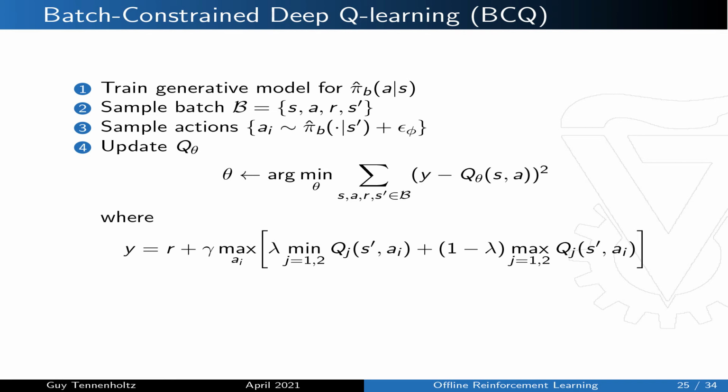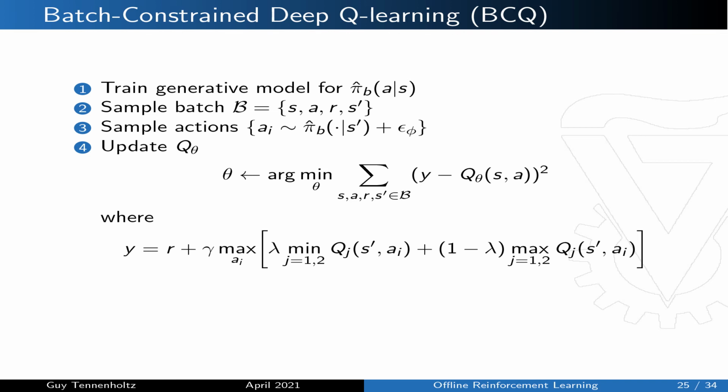Only now our targets are going to take the maximum over actions that were sampled by this perturbed version of the behavioral policy, over this approximated behavior policy. This would allow us to still find a greedy policy with respect to the Q function, only we allow it to be greedy with respect to actions that are still close to the behavioral policy.